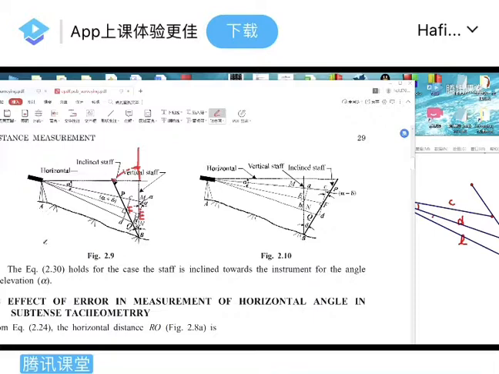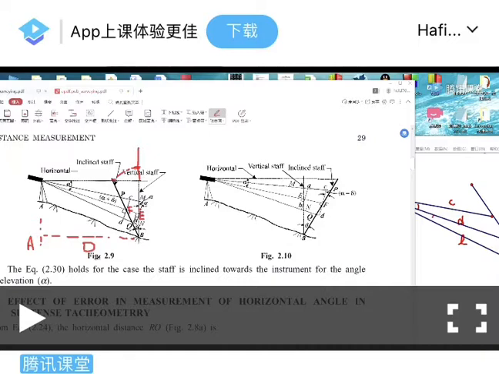So the horizontal one will be, you have to assume A, the hypothetical one, A is over here. And B, of course, is here. So this is our distance D. If your eye is good, you can see B is over here, right?